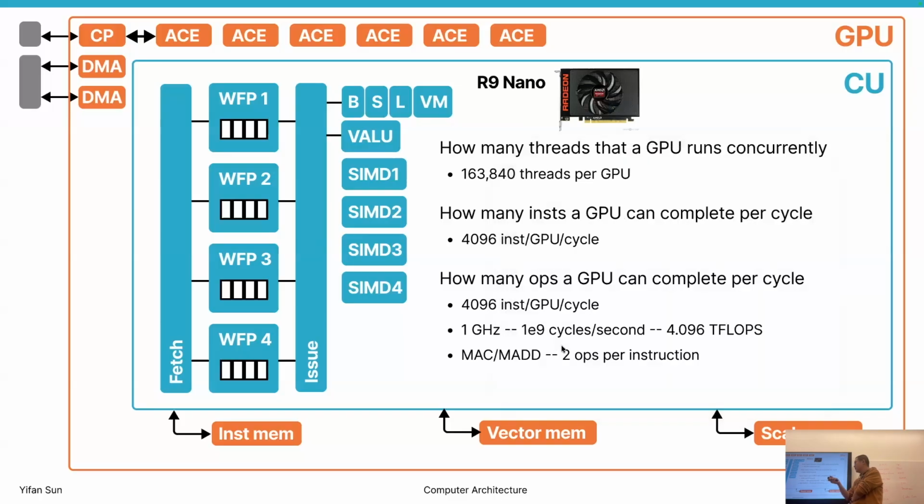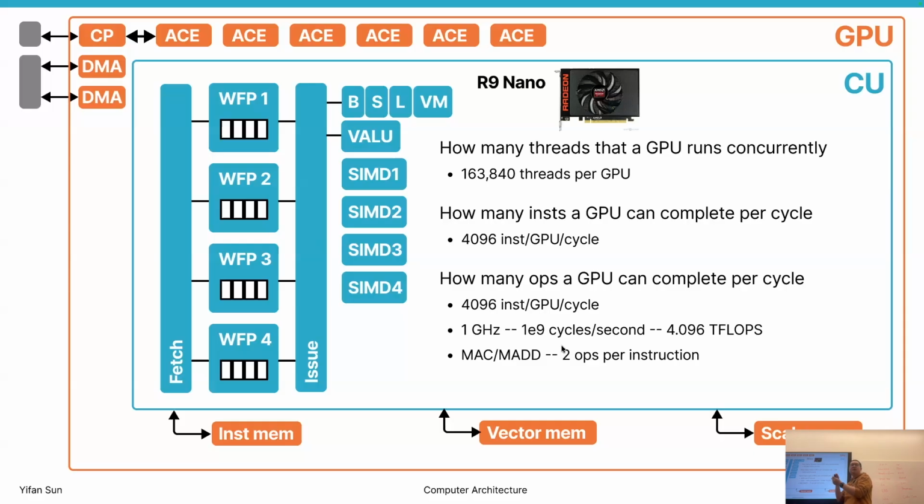Okay, I can tell you. There are special instructions called MAC operation or MAD operation. What's MAC? MAC is multiply and accumulate. MAD is multiply and add. So you may have three operands. The first two operands multiply together and add a third value. This is super useful in matrix multiplication because in matrix multiplication, it's an accumulating process. Right? You multiply two numbers together and accumulate it to the output value of that cell.